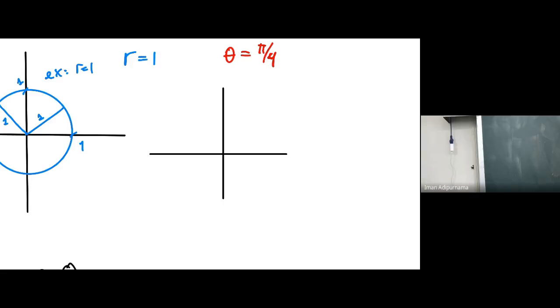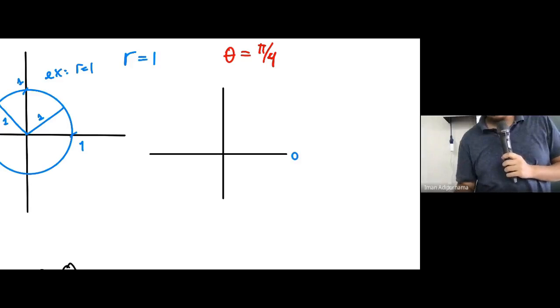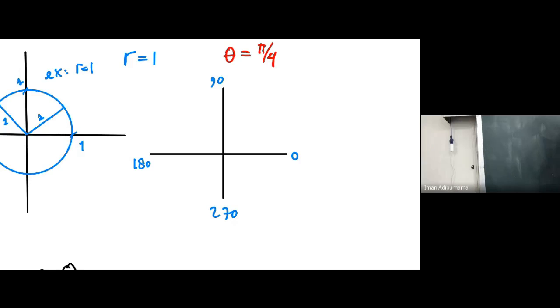Let's say this is 0, 90, 180, 270. By the way, do you prefer using this or using pi, or both are fine? Okay, let me just use this. So 0, 90. So 45 is around here, right?